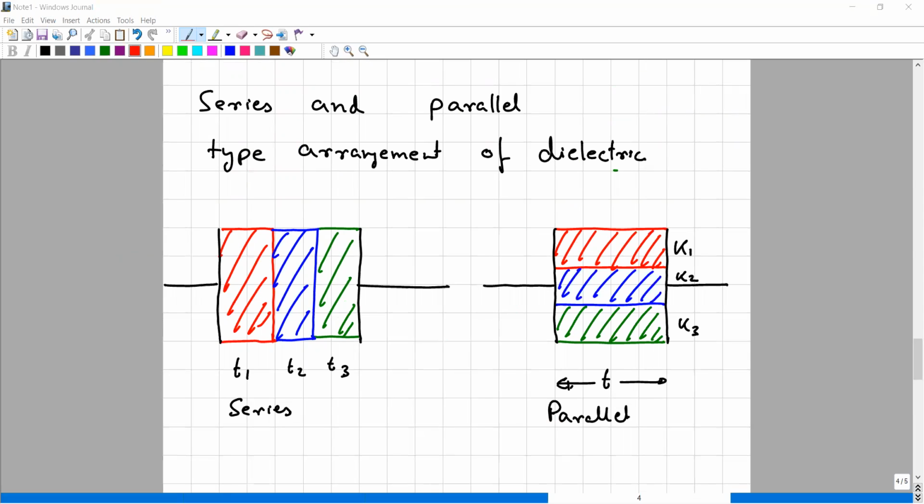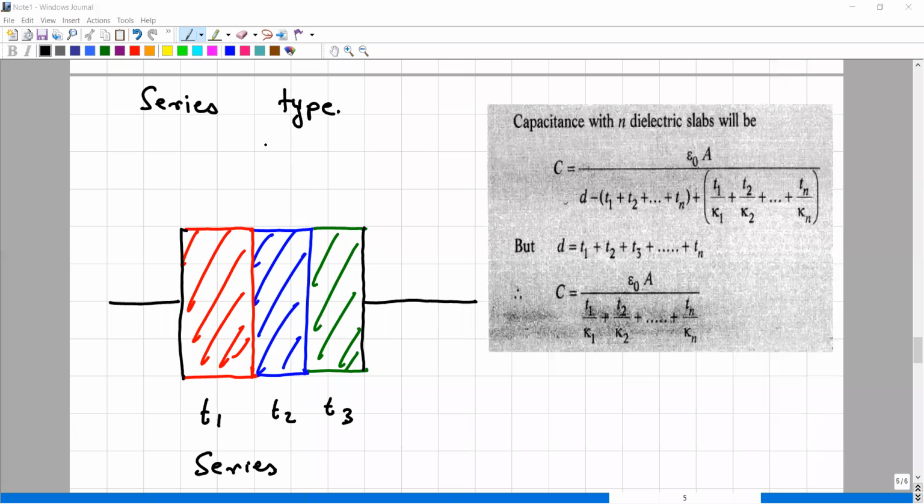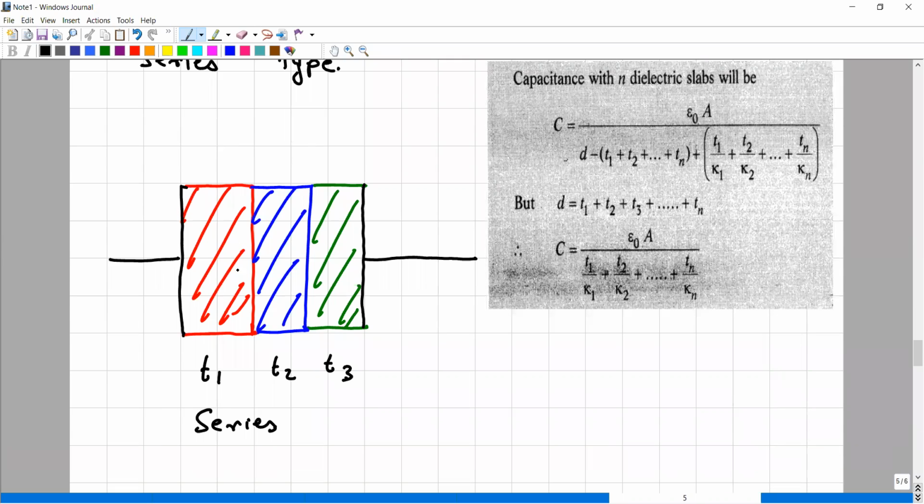Now, if you do have a series arrangement, then what will happen? As you can see, this is a series type. For the series type, the individual dielectrics are K1, K2, K3, and the thicknesses of the slabs are T1, T2, T3.